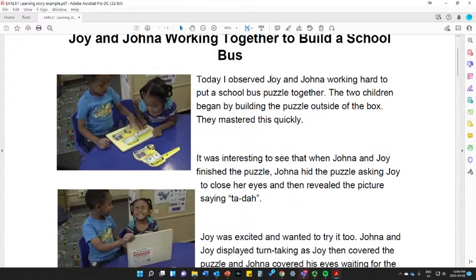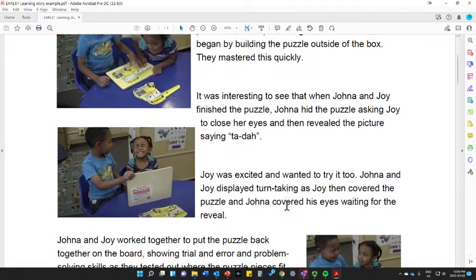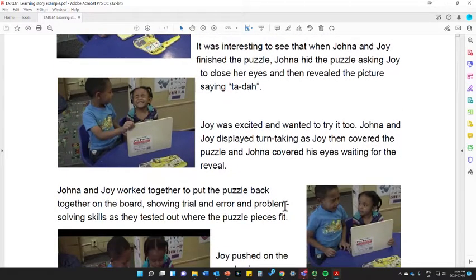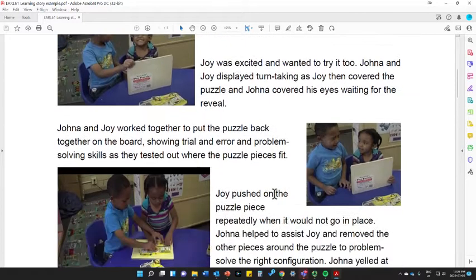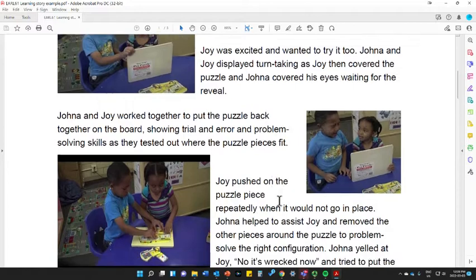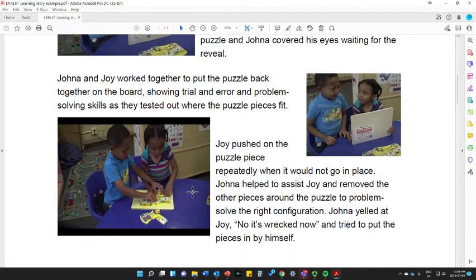You can have your stories. The story you want to have connect to the pictures in some ways, right? So that we can see what they're actually doing, and they're going back and forth, trading and hiding the puzzle from each other and saying ta-da, and then putting it back together again, right?